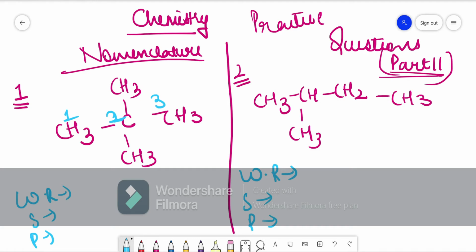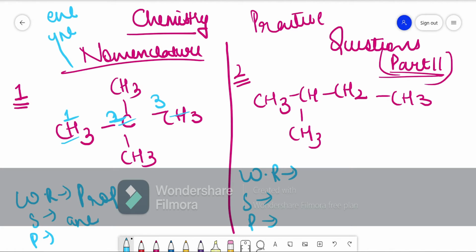Word root stands for the number of carbon atoms. Three carbon atoms are present, 1, 2, and 3, so prop. Suffix stands for the bonding that is present. For a single bond we use ane, for a double bond we use ene, and for a triple bond we use yne.